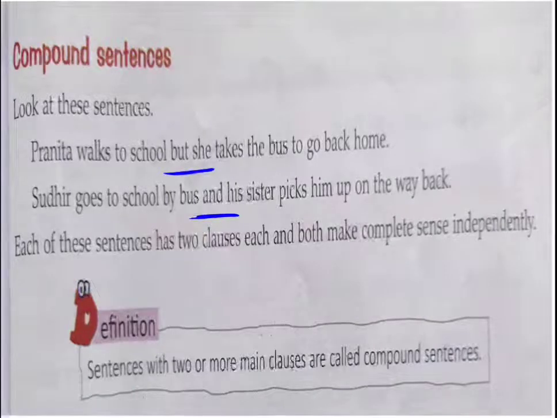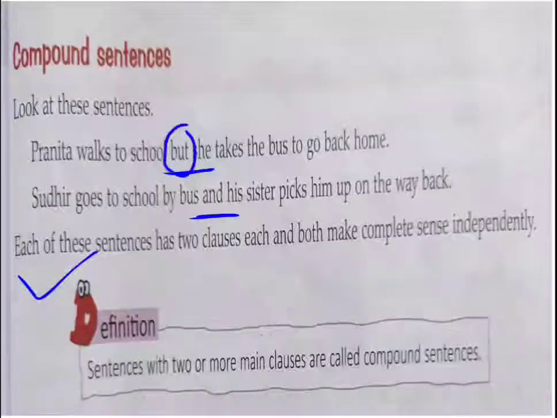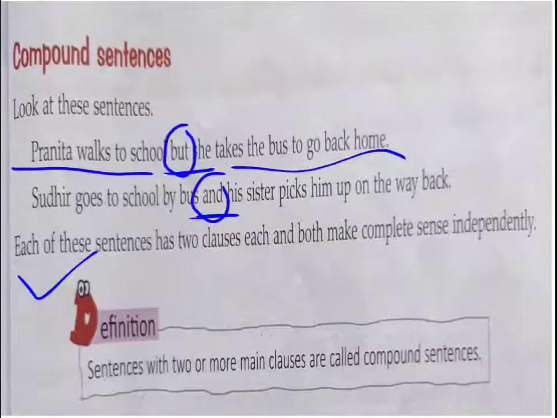Now look at the definition. Each of these sentences has two clauses each, and both make complete sense independently. Now these two sentences are joined by and, but. So here are two clauses. In a complex sentence, one is dependent and one is independent.